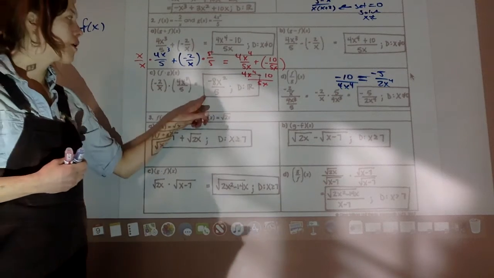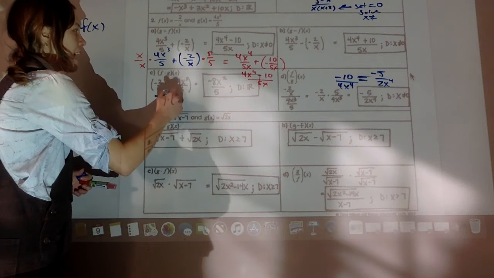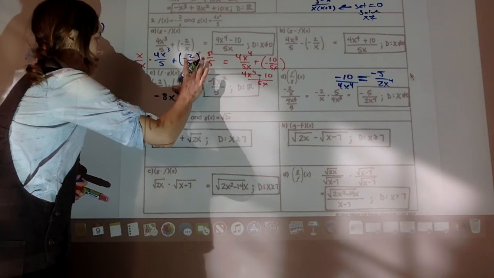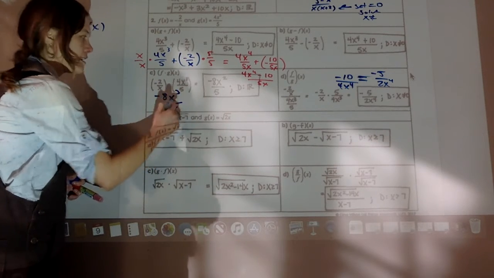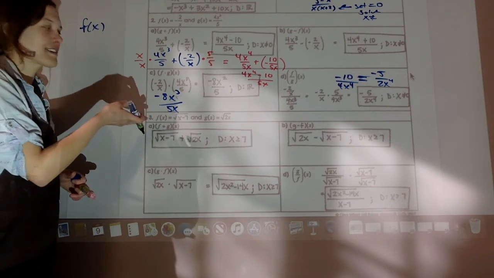And that's why, here, originally I would have gotten minus 8x to the third over 5x. And you could look at this and you'd be like, oh, x can't be 0.